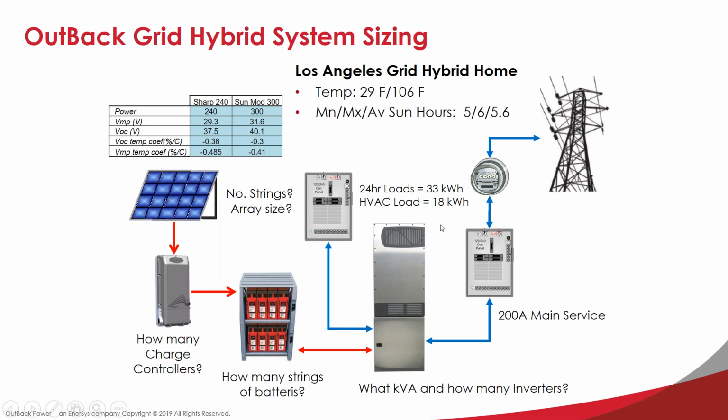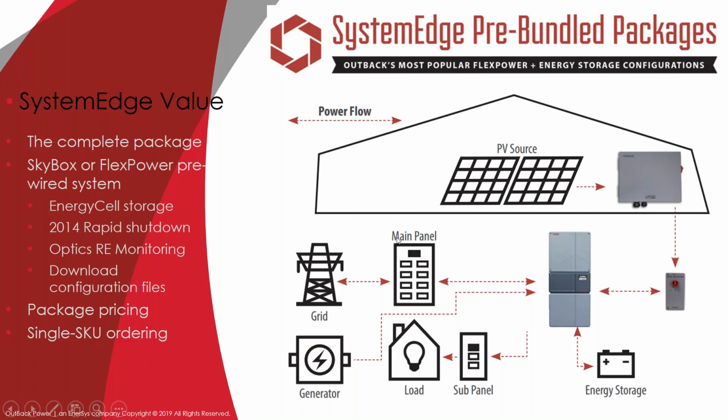And the reason we bring up the System Edge package, let me just jump to that slide, is that it's a pre-wired system. In this case, we're showing the Skybox, or it could be Flex Power Radian. It also comes with the rapid shutdown for 2014, and it comes with a package of batteries.